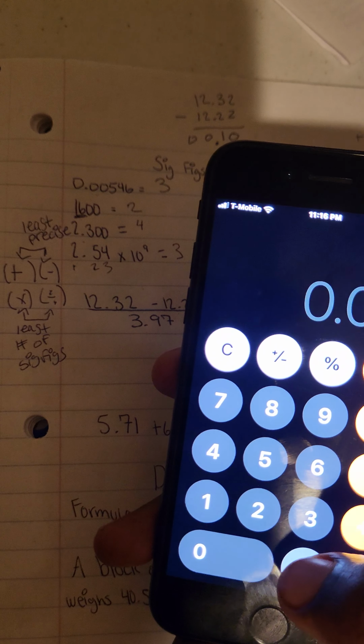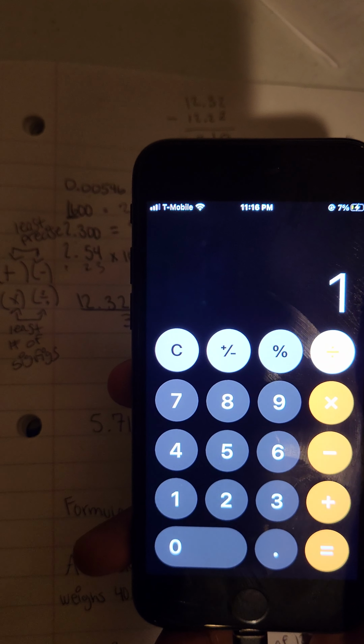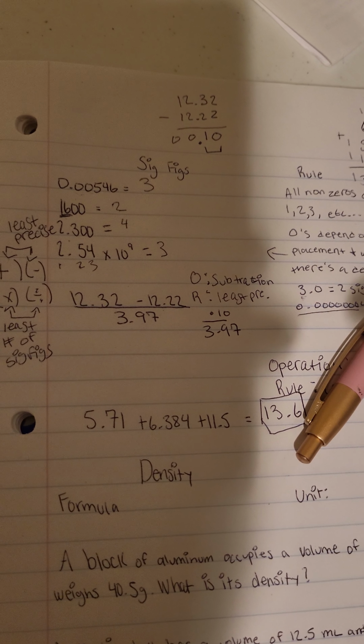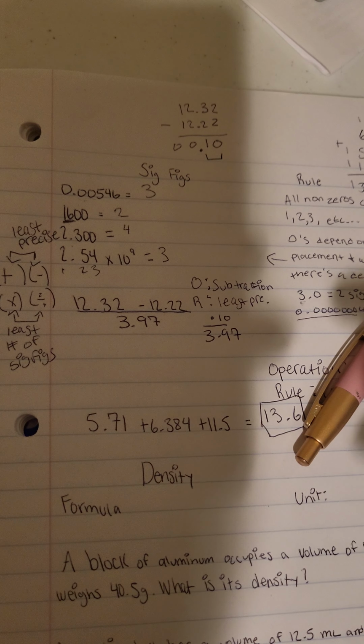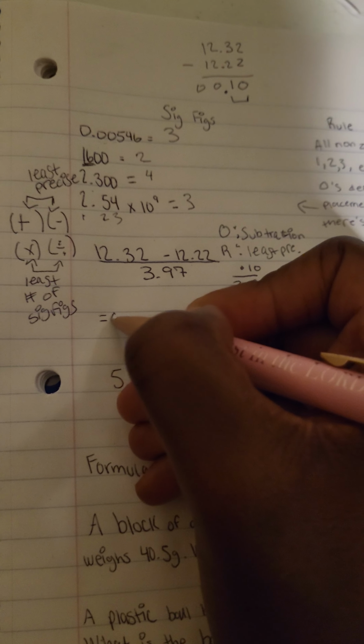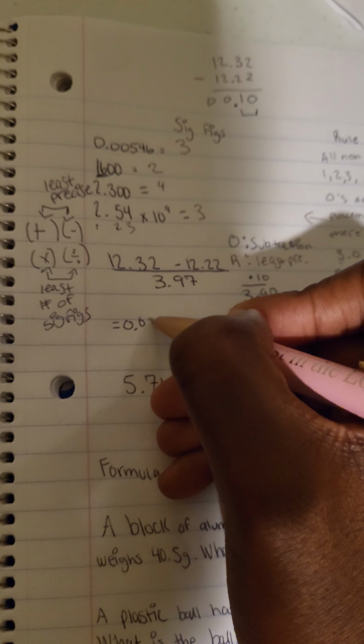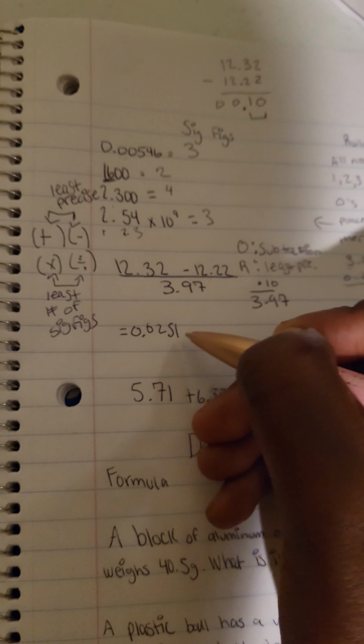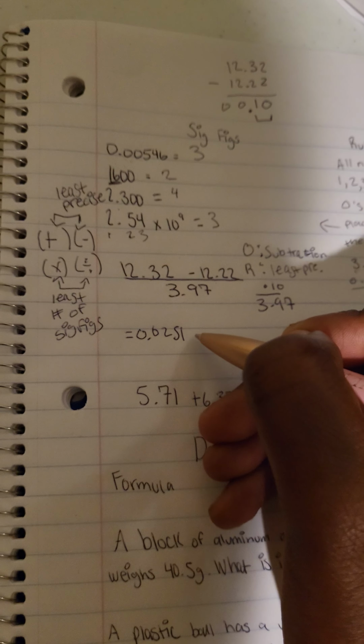Okay, 0.1 divided into 3.97, we should get this number. So, looking at it, let's write equals here, 0.02518892.